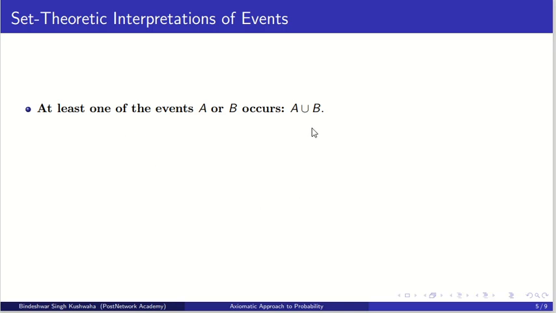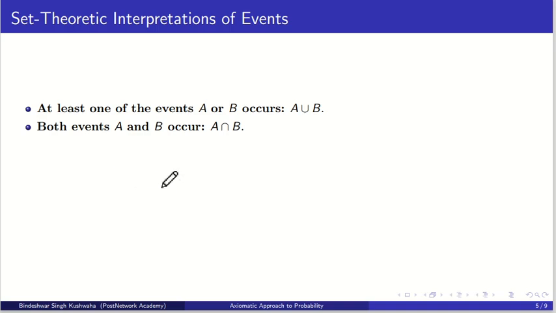You will write A union B, either it is in A or it is in B. Let us see the second one. Both events A and B occur. You will denote it by intersection, that means both events occur. Also you know that A intersection B means elements which are common in both A and B.